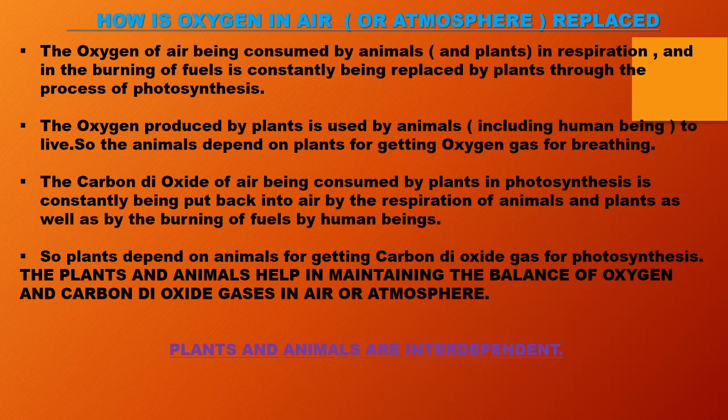Plants are dependent on animals for carbon dioxide, which is needed for making food in photosynthesis. On the other hand, oxygen, the byproduct of photosynthesis, is required by animals for respiration. So they are mutually dependent on each other, keeping the atmosphere in a normal state.